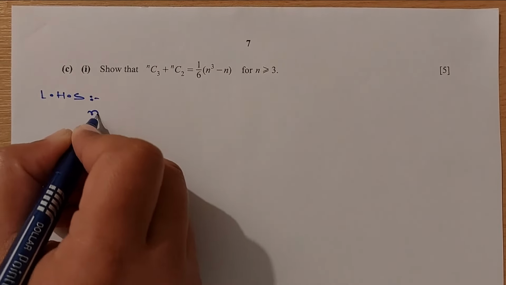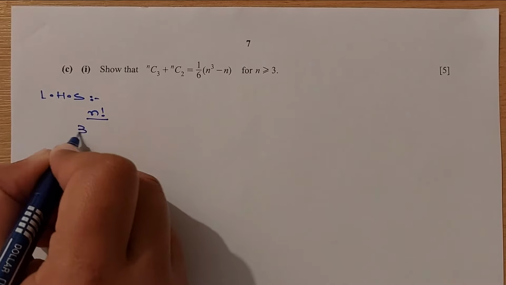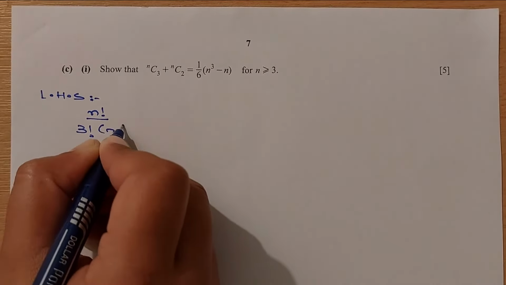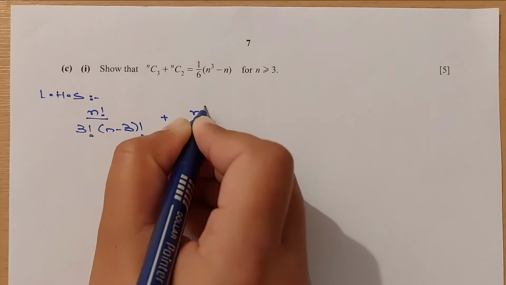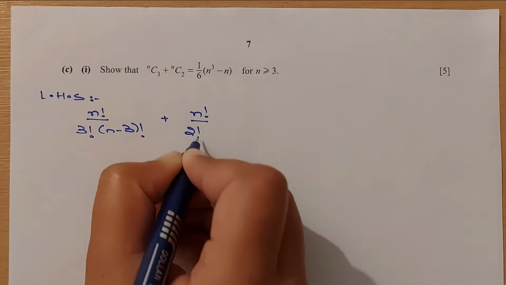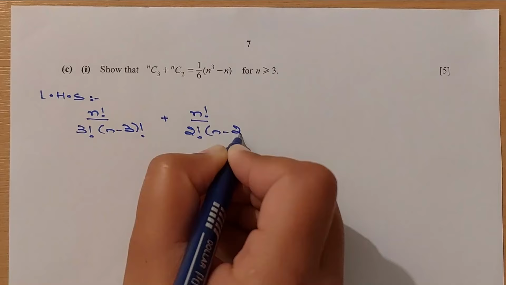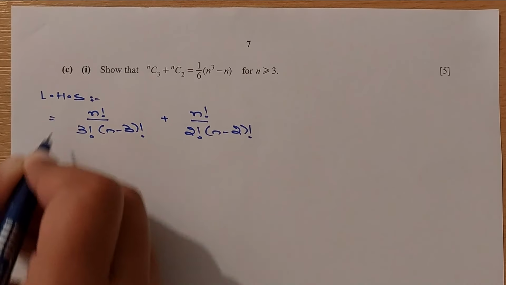NC3, we can open as n factorial over 3 factorial into n minus 3 factorial, plus NC2, that is n factorial over 2 factorial into n minus 2 factorial, right?